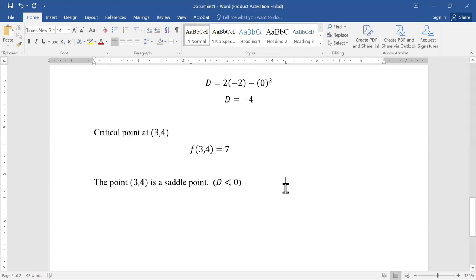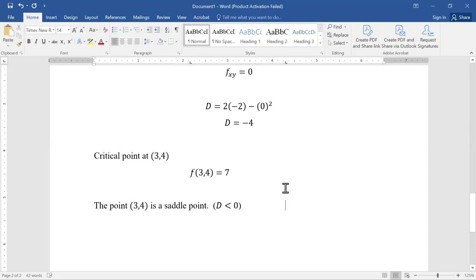So there you go. Negative D means saddle point. Positive D means you get either a relative maximum or a relative minimum, and depending on what f sub xx is, it could be a relative minimum or a relative maximum.